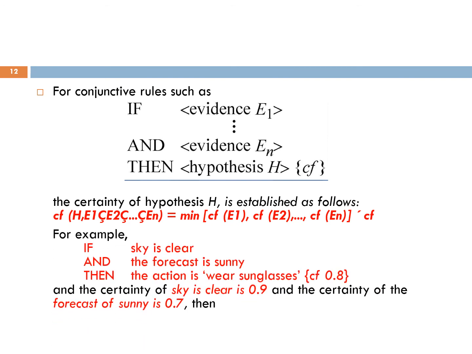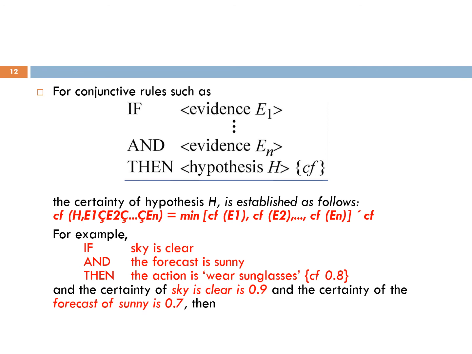Okay. Let me look at the example. If the sky is clear and the forecast is sunny, then the action is to wear sunglasses, given by 0.8. So let's say the sky is clear, certainty factor is 0.9, and the certainty factor that the forecast is sunny is 0.7.